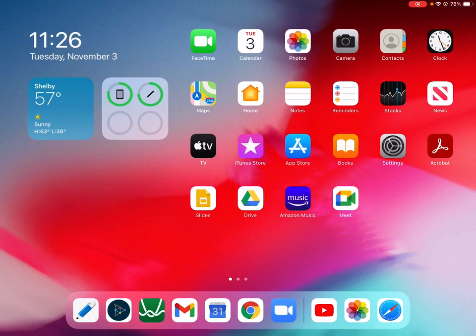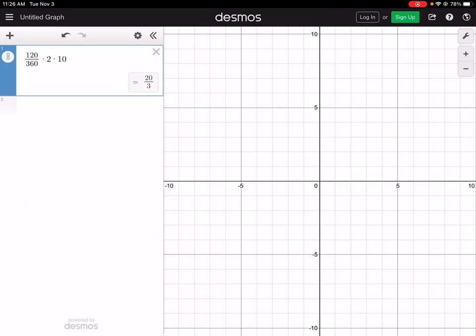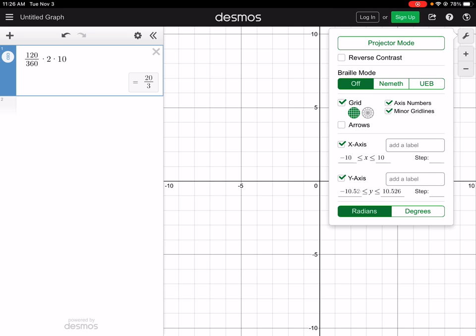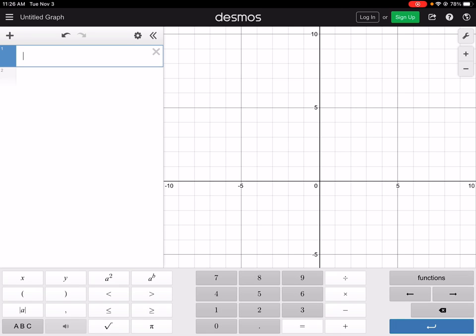Going to my calculator, I'm going to make sure I am in radians, and I am going to do 7 times 3.14 divided by 4, and it helps if I enter it right.